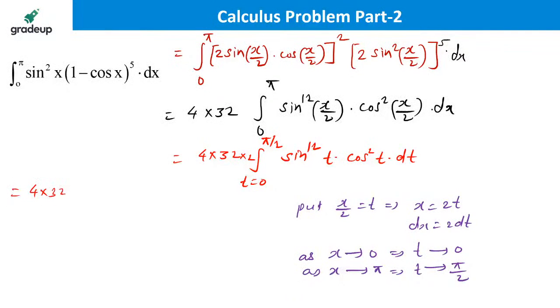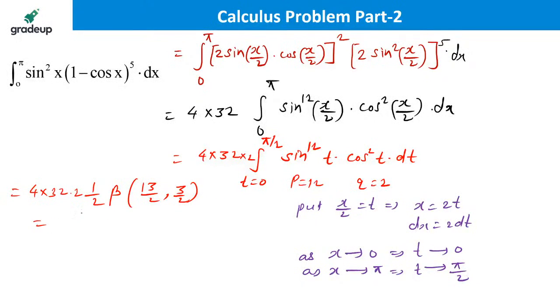4 into 32. What is p here? 12. q is 2. So this can be written as 4 into 32 into 2, 1 by 2, beta function of p plus 1 by 2, that is 12 plus 1 by 2, 13 by 2, and q is 2, 2 plus 1 by 2, 3 by 2.